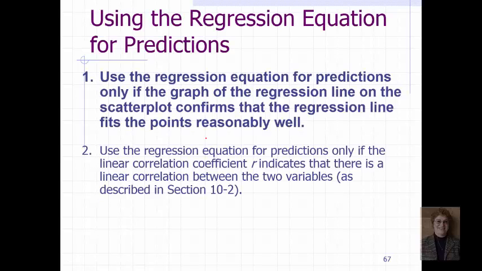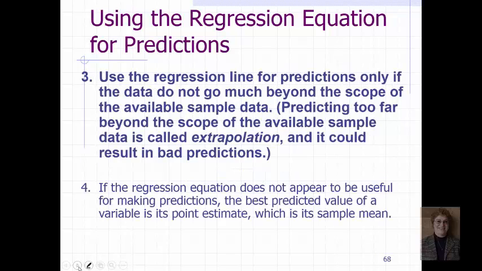When we are going to predict, we want to make sure, first of all, that the line really does fit the data pretty well. If we tested r and it comes out to be statistically significant, then it's okay to go ahead and use that regression to predict.